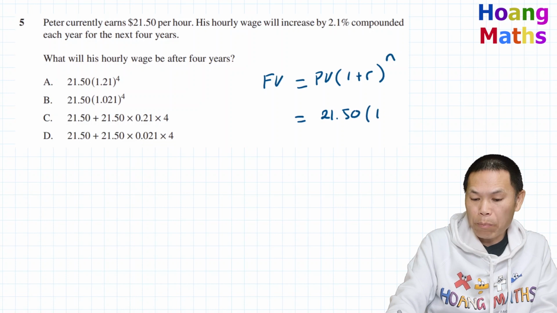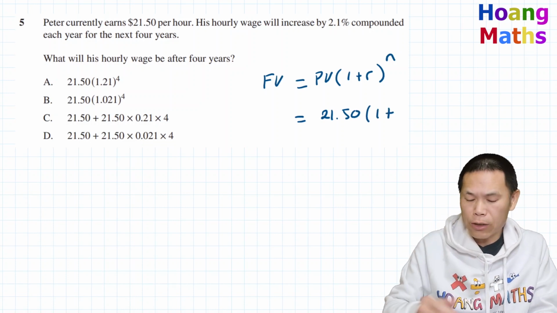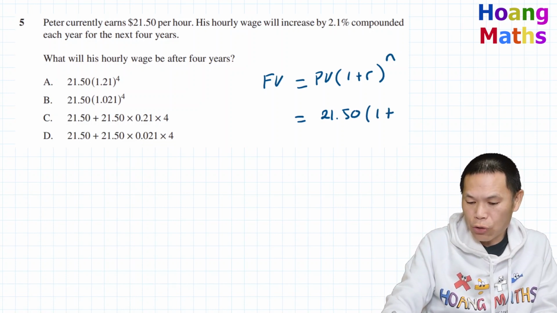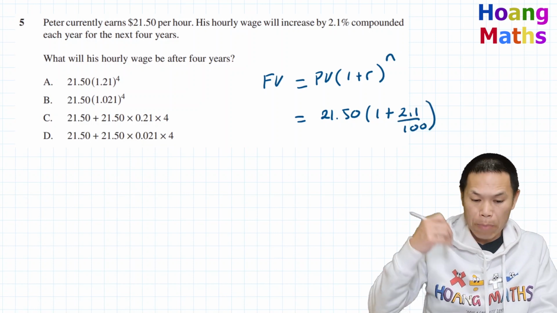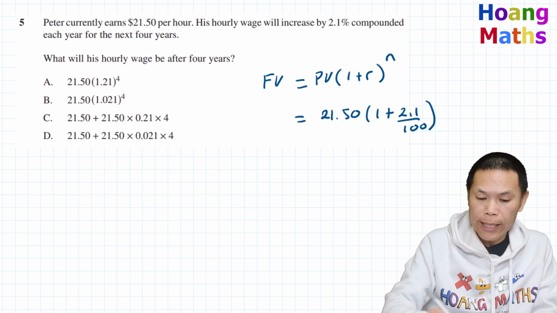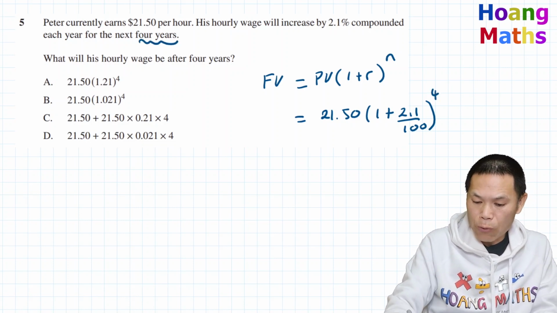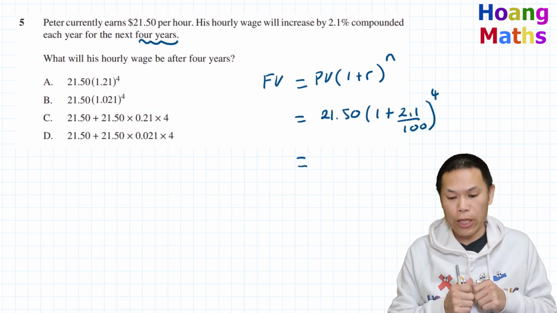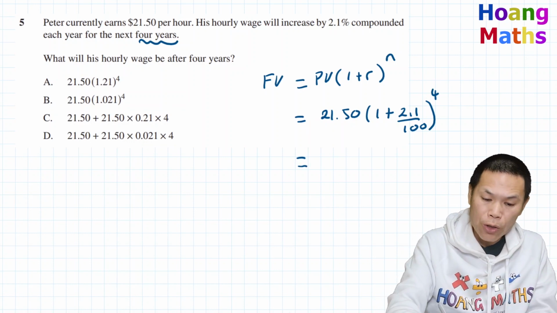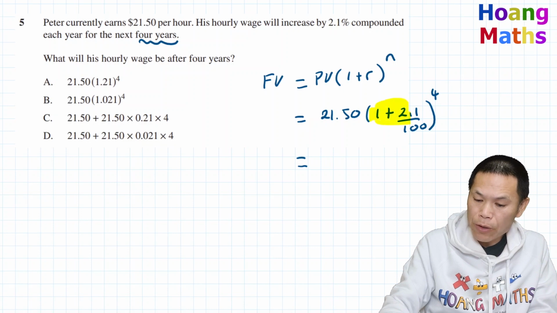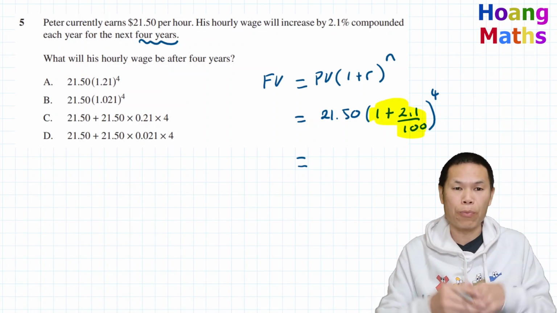$21.50, 1 plus the rate, that is 2.1%. So 2.1 over 100 because it is percent. And then to the power of n. And in this case, n is 4 years. So power 4. So that will give me, what I do, I can just put it on a calculator to simplify this because we cannot see it directly from the options.